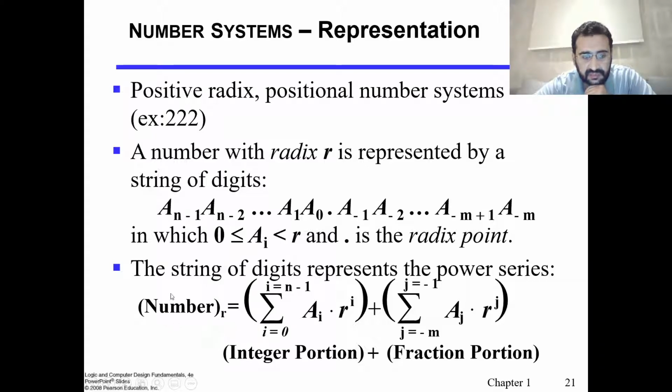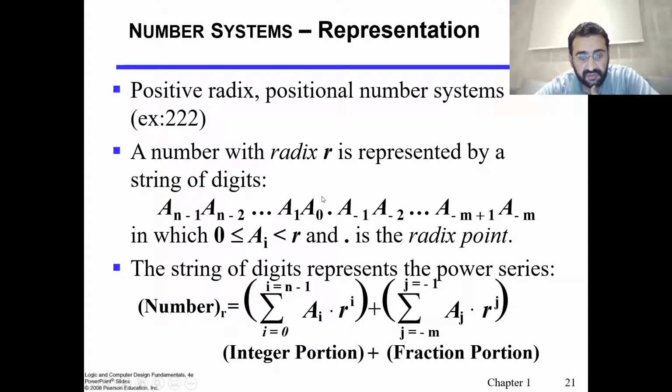If we want to transform the real value of any number to its decimal representation, and the number is expressed with radix r, let's say radix 2 as an example, we need to sum from 0 to n minus 1, this is the integer part of the number, multiplied by r to the power of i.